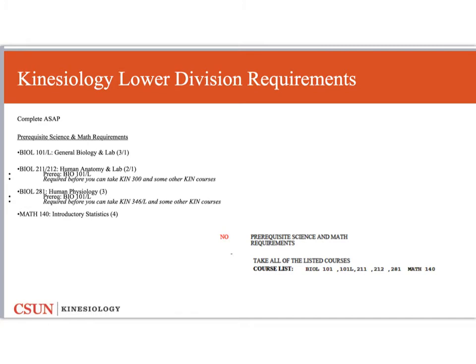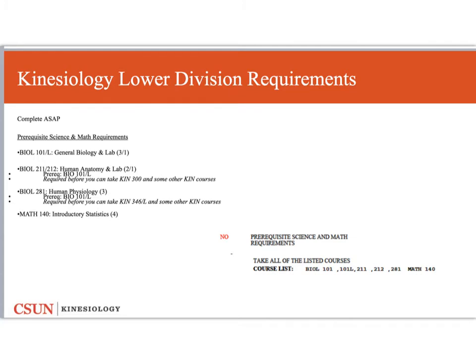The next class listed on your DPR is Human Anatomy and Lab. The prereq for Human Anatomy and Lab is Bio 101. If you haven't taken this yet, it's important to get this soon because it is required before you can take Kin 300. Okay?